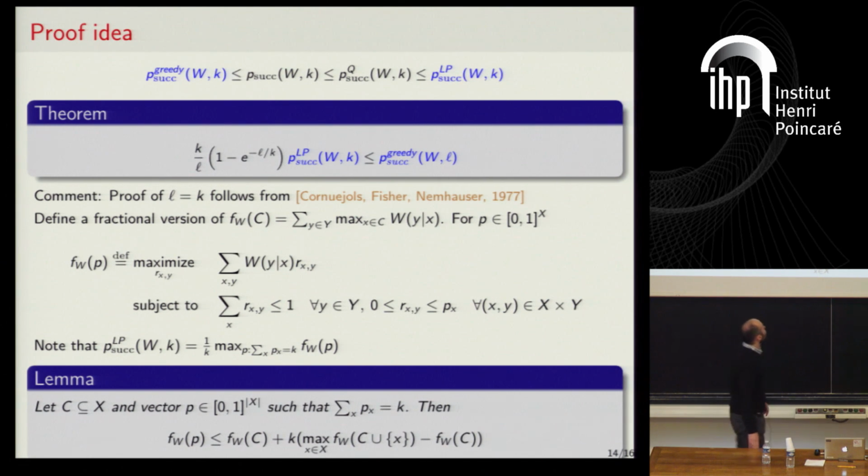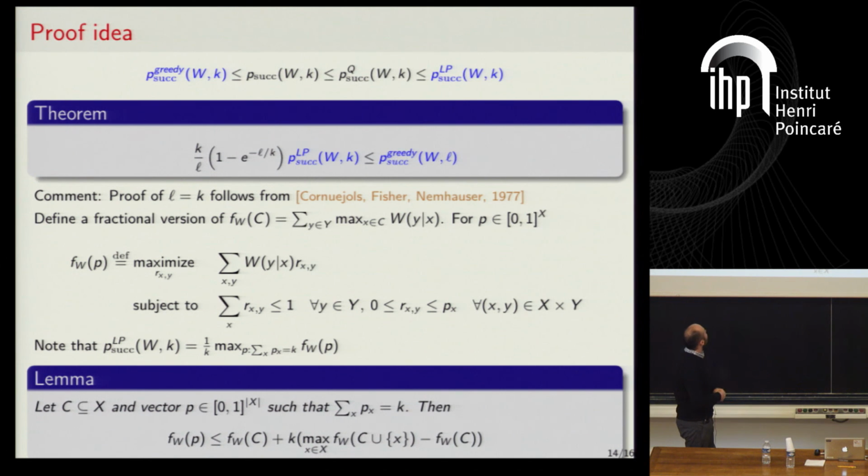Let me try to give an idea of the proof. Perhaps one ingredient of the proof is to generalize this function fw, which is defined on codes. Now we're defining a fractional version of this problem, an LP relaxation, so it's useful to define a fractional version of the function f.